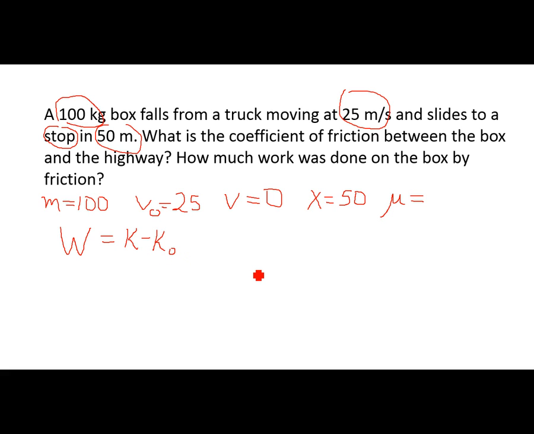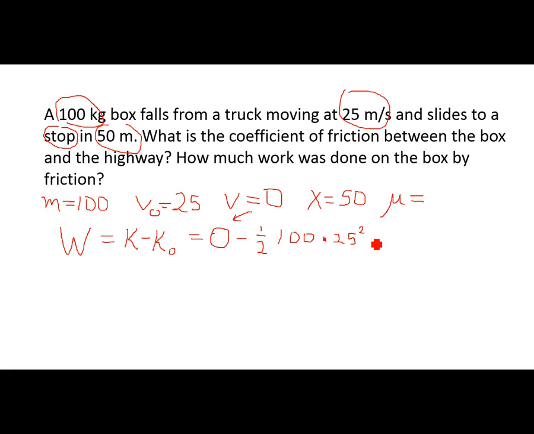Okay. Now we have to drill down into each one of these terms. First of all, I guess the easiest one is to do the right-hand side here, because the final kinetic energy is 0, right? We know that because it has 0 velocity. And the initial kinetic energy is 1/2 m times v squared, its initial velocity.